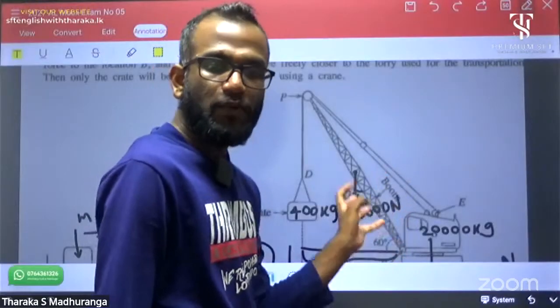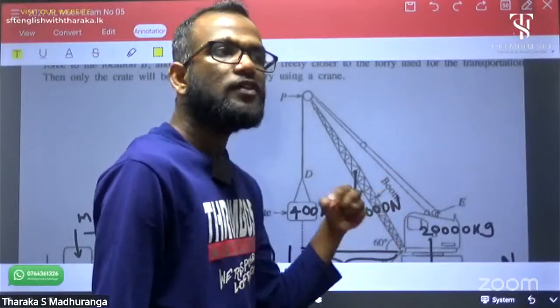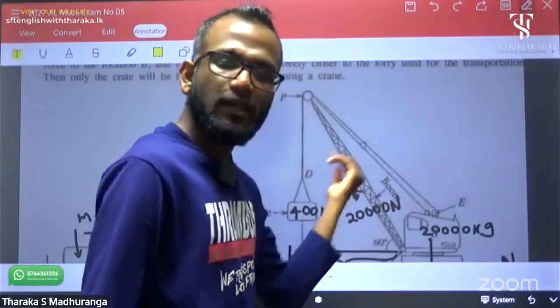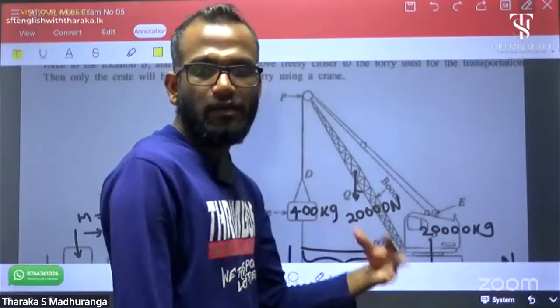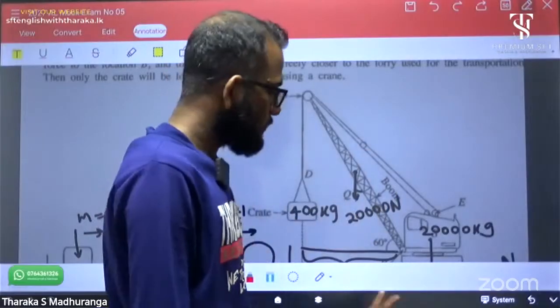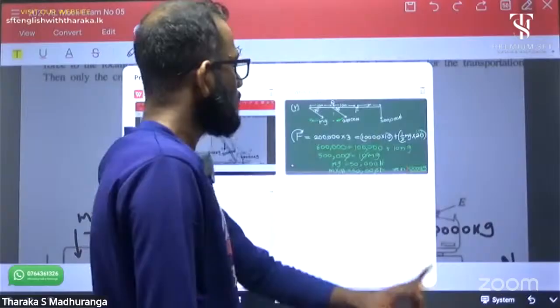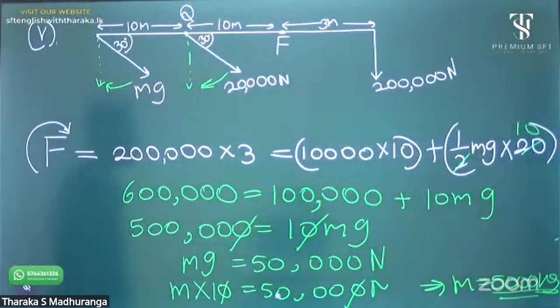If you hold a 5001 kilogram object, the crane will tip over. The crane will be rotated, right? Understood?